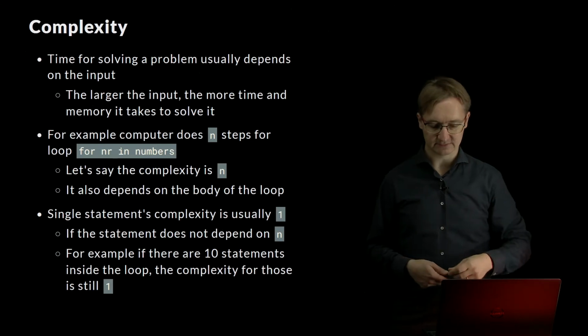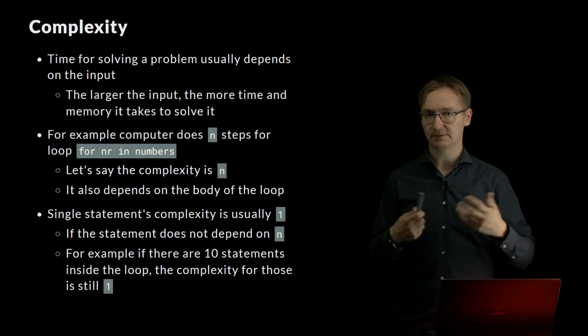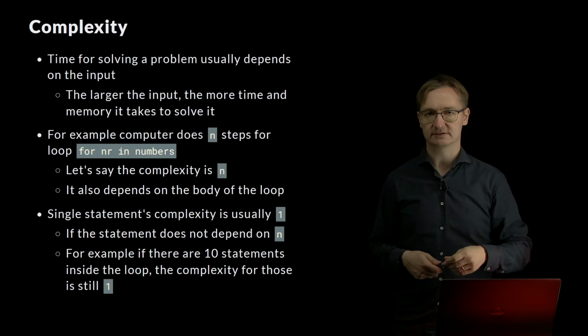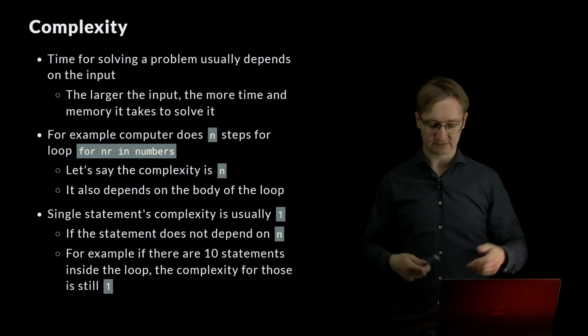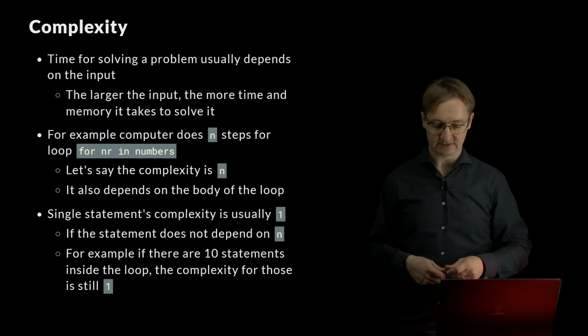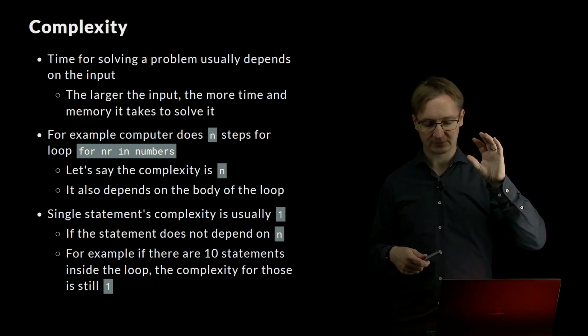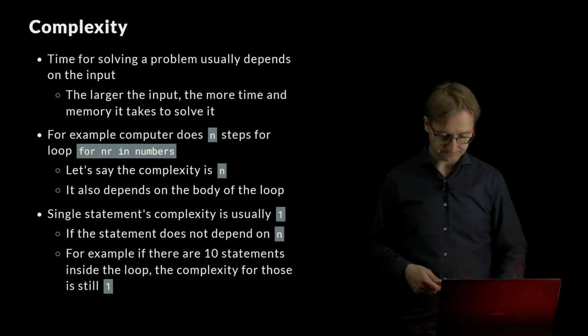The n doesn't affect the complexity, so we can say the complexity is still 1. But the theory behind that is a bit more complex. I will not cover it here, but I just simplify it and say that the constant complexity is always seen as a complexity of 1.